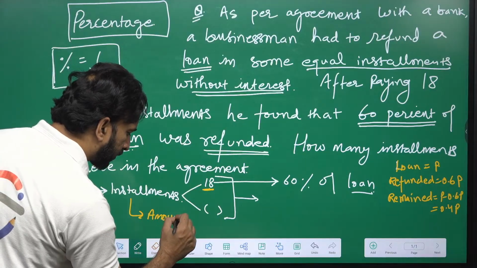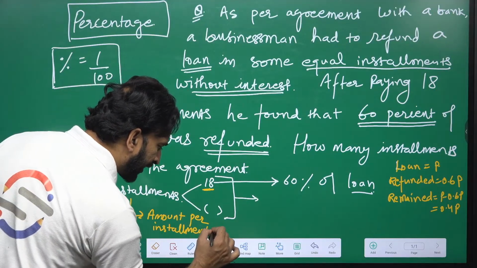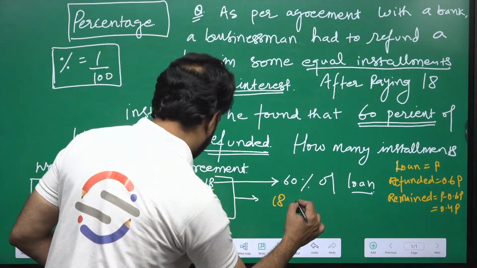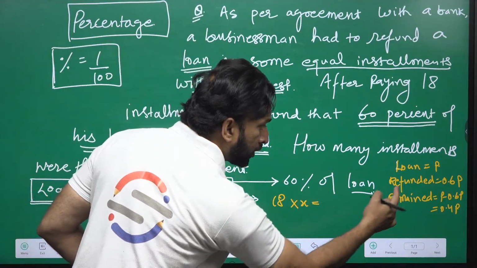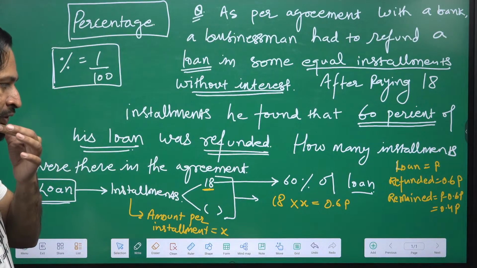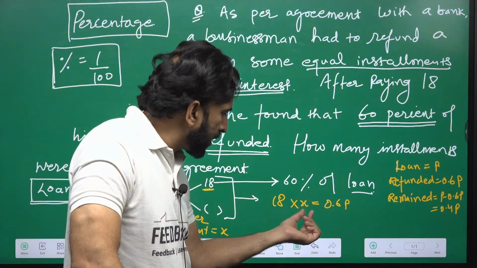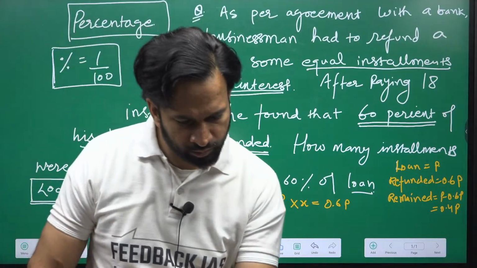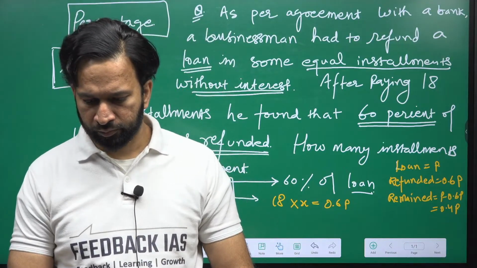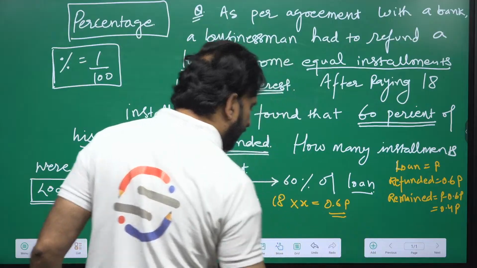Let it be X. So 18 into X equals 0.6 P. This is the amount which has been returned.